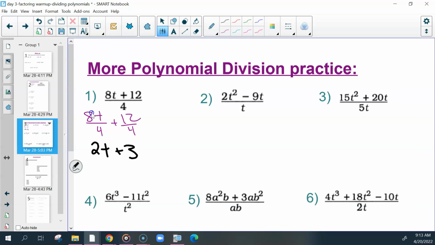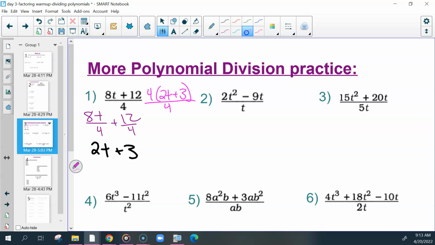The other way you could do this is see what these two have in common. What do 8t and 12 have in common? 4. If we factor out our 4, what's left? 2t plus 3. That is 2t and then plus 3.